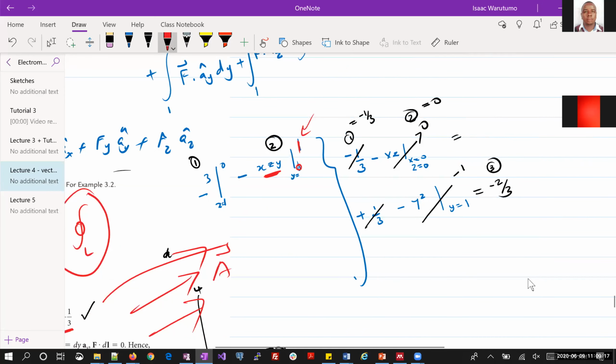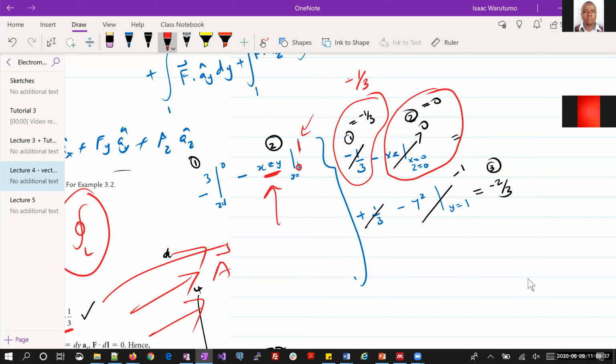The first term that we did, through the first part, became minus 1 over 3. And when you do the second integration, we have found that the limits are from 1 to 0, which is minus xzy, and y is replaced by 1. But we have already seen earlier that at that point z equals x equals 0.